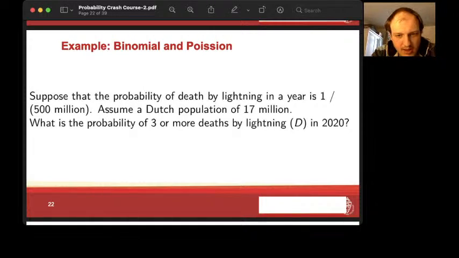So reading this, can you think what is p, what is n, and what are the k's of interest, the k value? Any ideas? You can write in the chat.